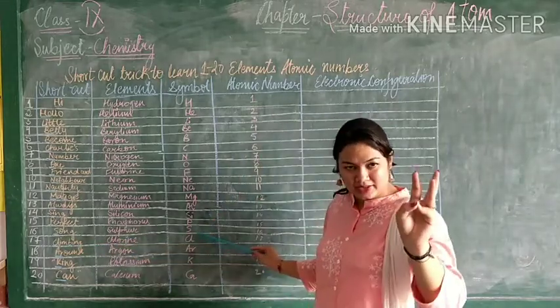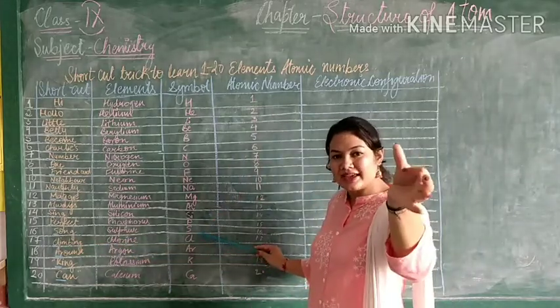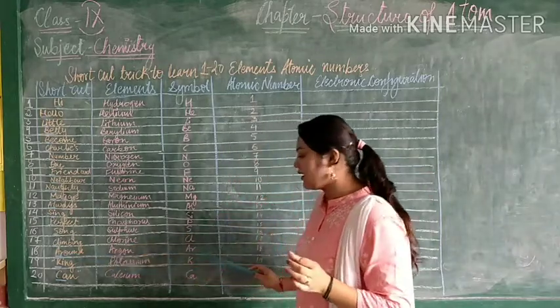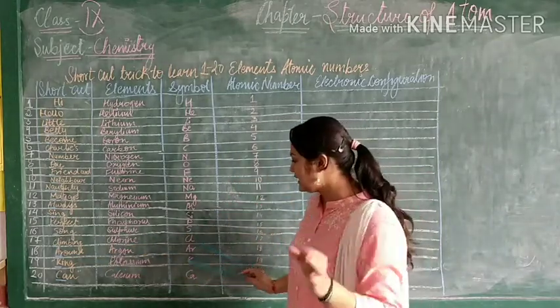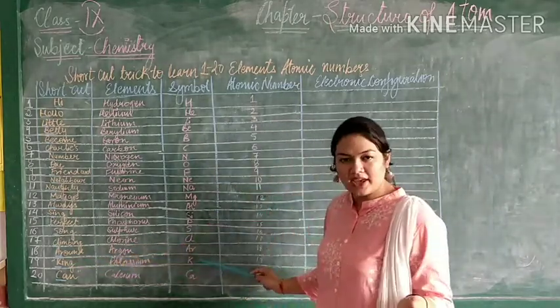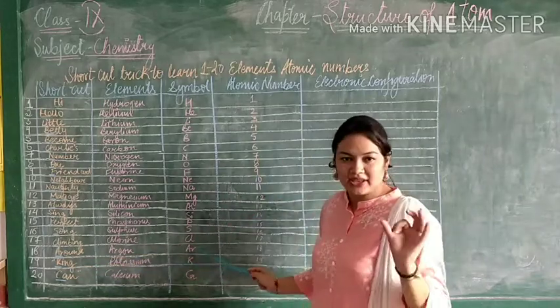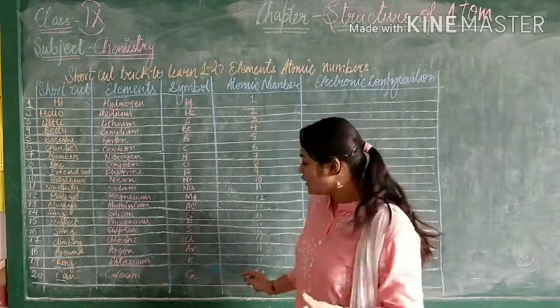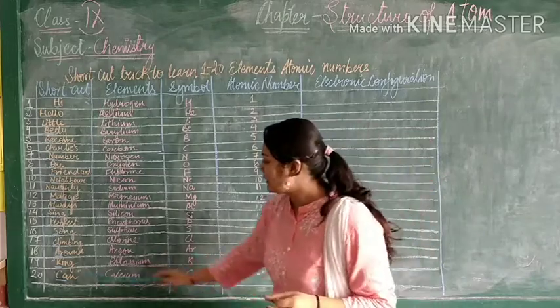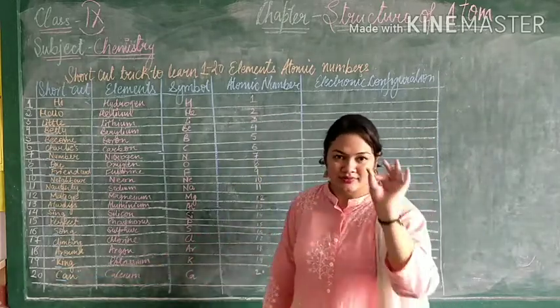Climbing is chlorine, Cl, that means 17. Then around is argon, that means 18. King means potassium. K is represented by potassium, so K means 19. Can is calcium, that is 20.